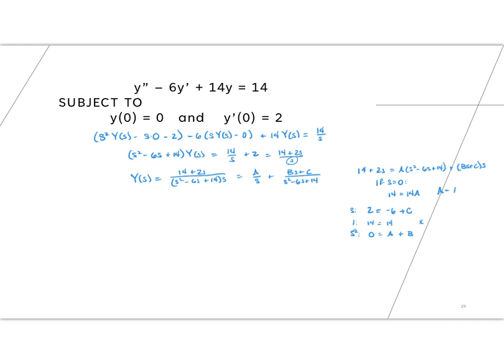So this one's not very useful. This one tells me that C is going to equal 8. And this one tells me that A is negative B, so B is negative 1.